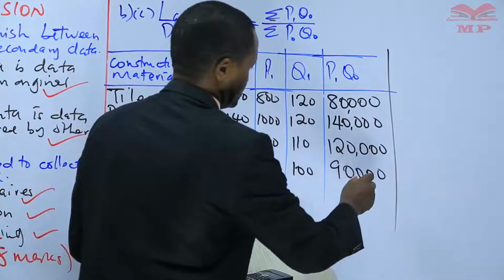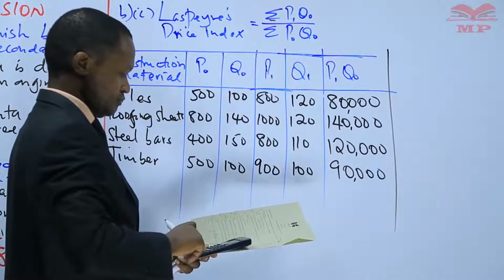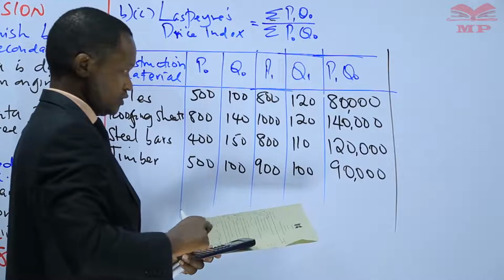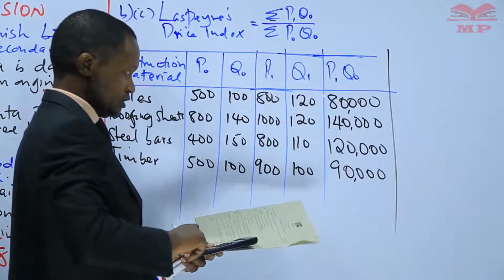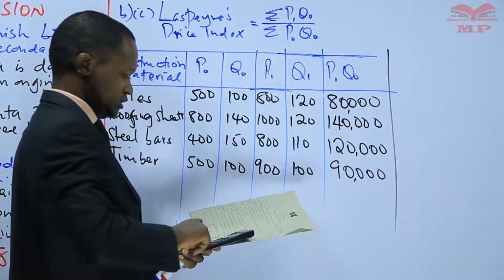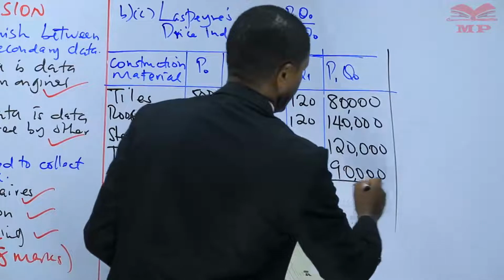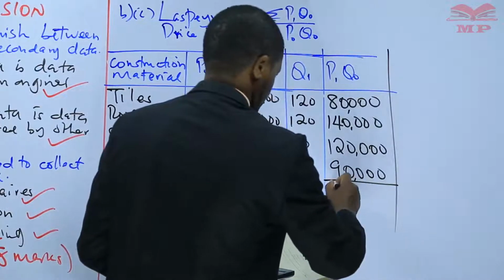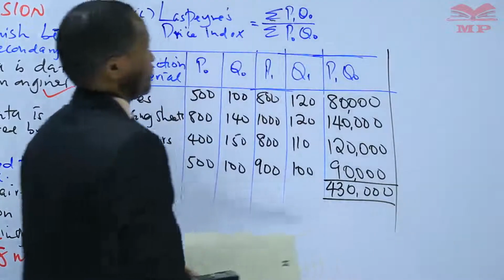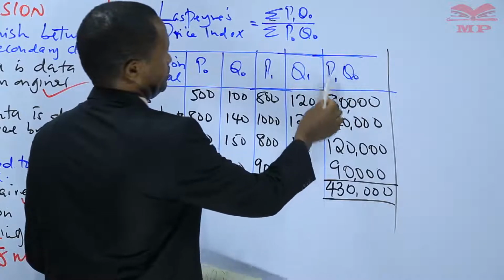This is equal to 430,000. That is the summation of P1 Q0.